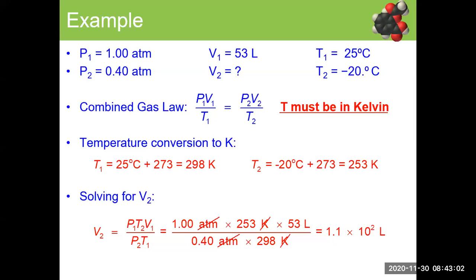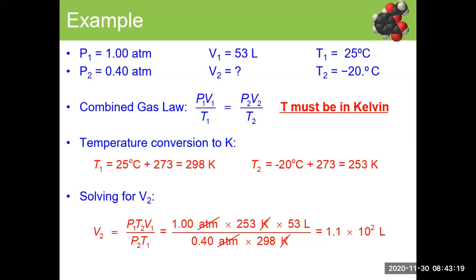If we rearrange that combined gas law to solve for V2, we would have P1 times T2 times V1 divided by P2 times T1.